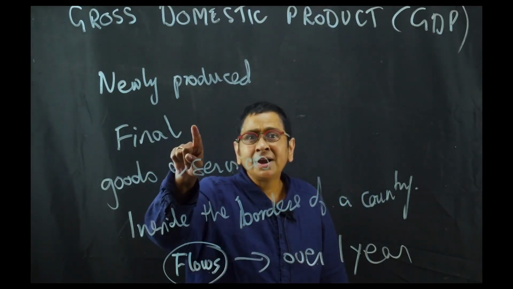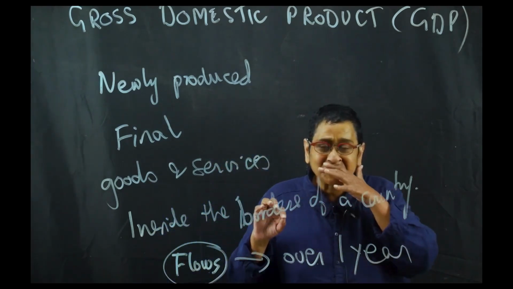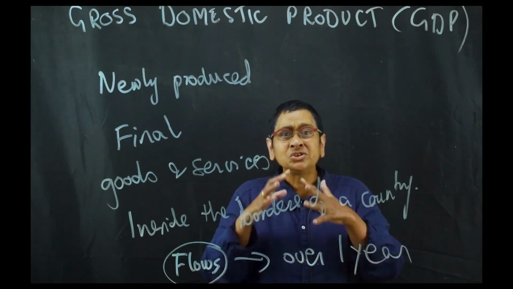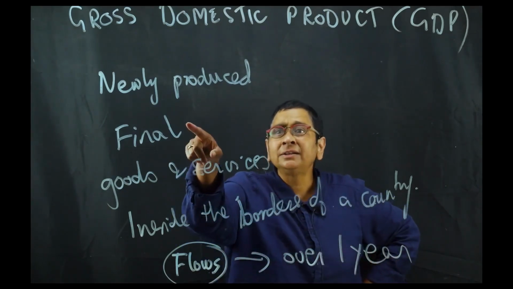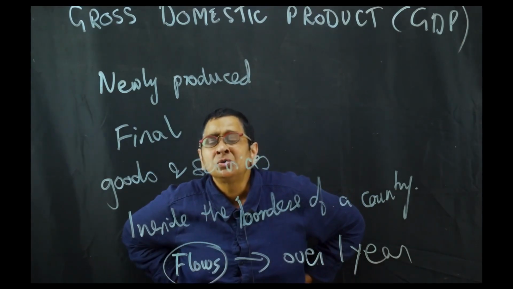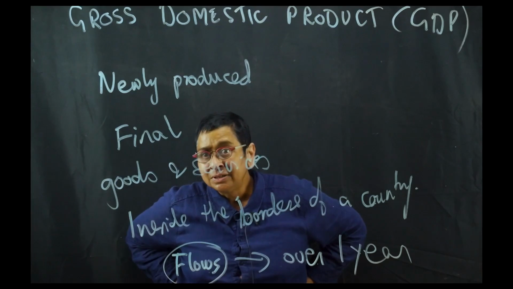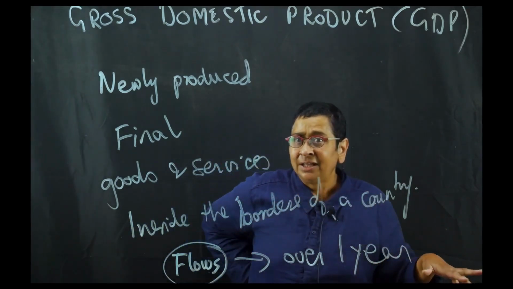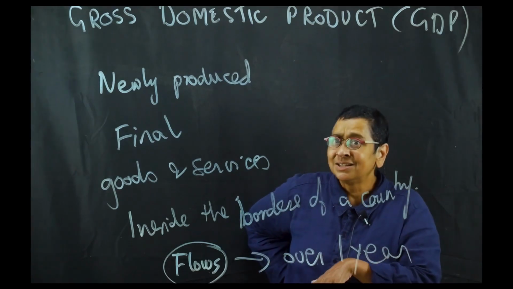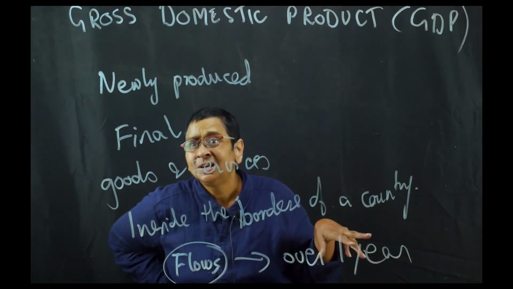Final. By final, I mean goods and services that have reached a particular stage of completion in relation to their destination. So final here is, for example, if I'm going to count a t-shirt, I'm not going to count the textile that went into the t-shirt, right? Because if I counted the textile and I then counted the t-shirt, I'm counting the textile twice because the value of the t-shirt already includes the cost of the textile, right?